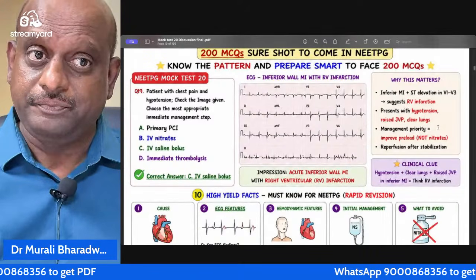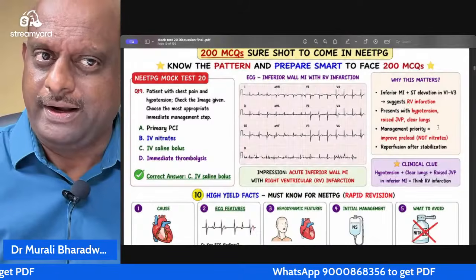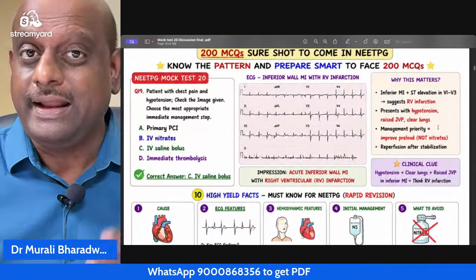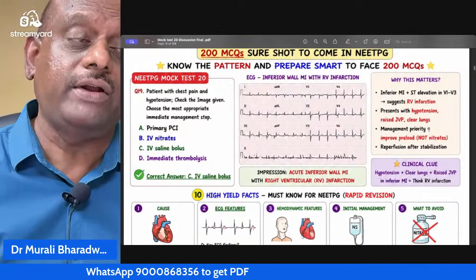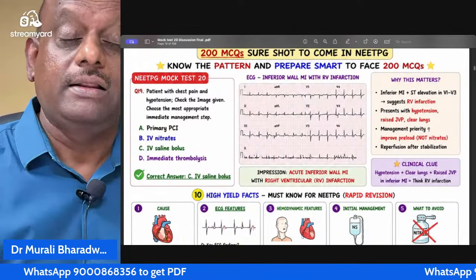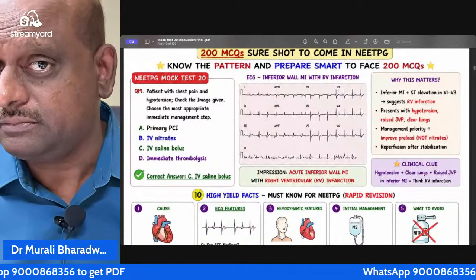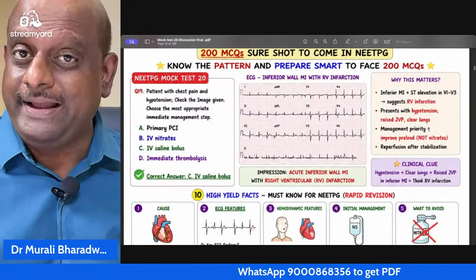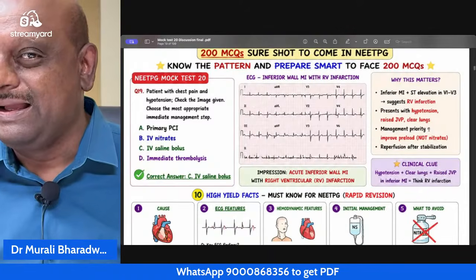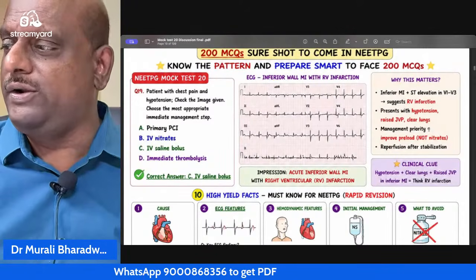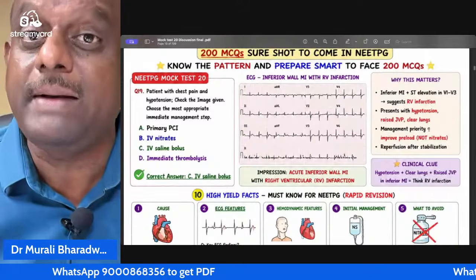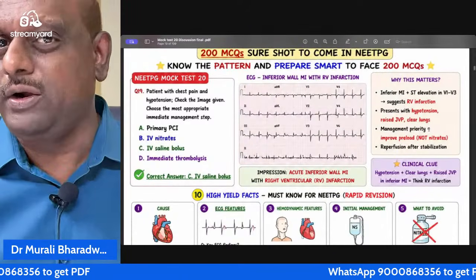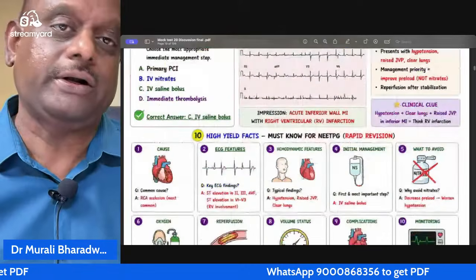If it is the left coronary artery, anterior wall involvement, whenever the left ventricle is affected, then he will land in pulmonary edema. Whereas in inferior wall MI, the lungs are clear and all the signs of RV failure will be there. And there the management is to improve the preload, not to give diuretics. That is very, very important.